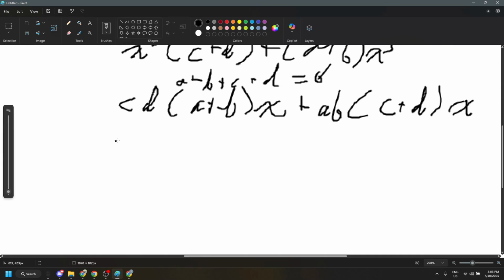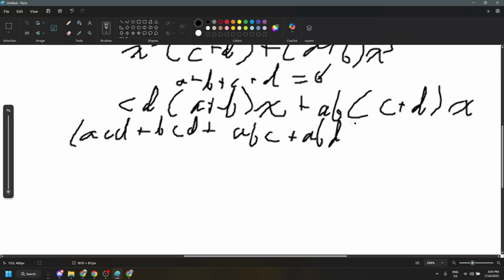So it's acd plus bcd plus abc plus abd, all times x. So this equals 0. Okay. Is this all just all the combinations of the things minus 1? What?